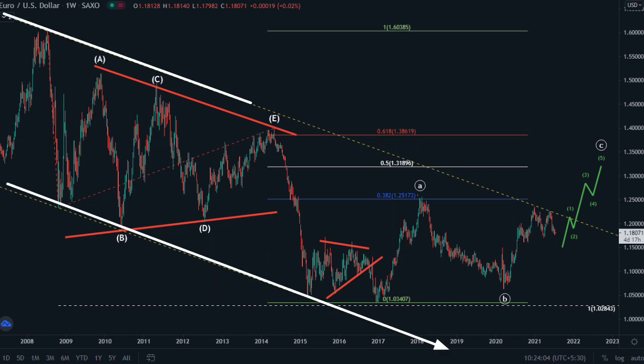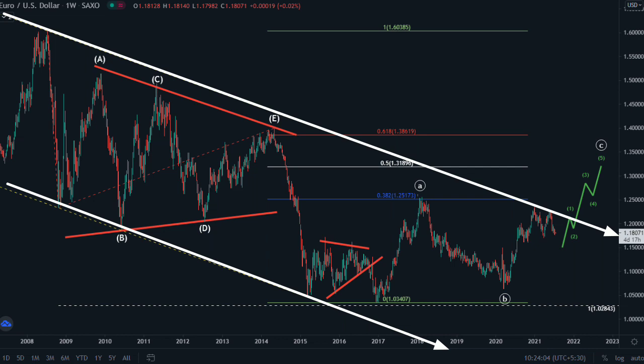So we draw a parallel channel, and price is making resistance right at the boundary of this channel. If price breaks this channel, then it will retest 50% of this entire trend.